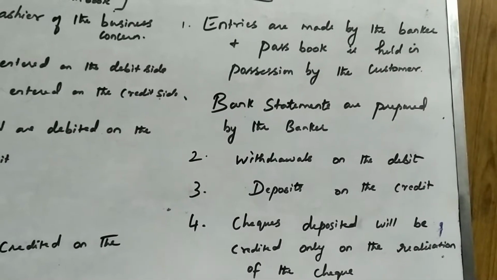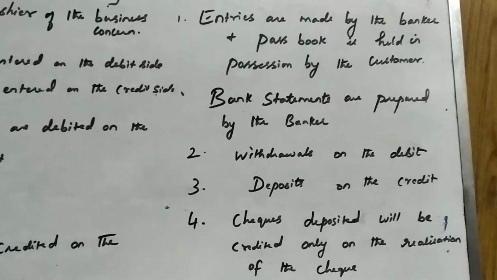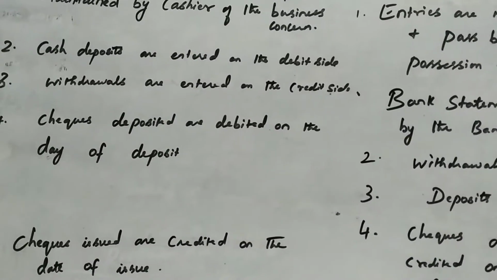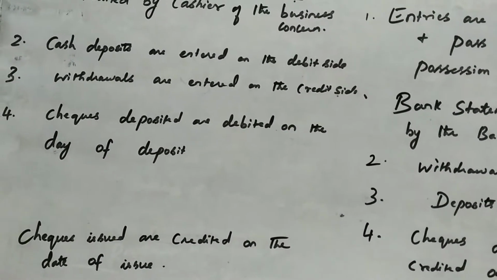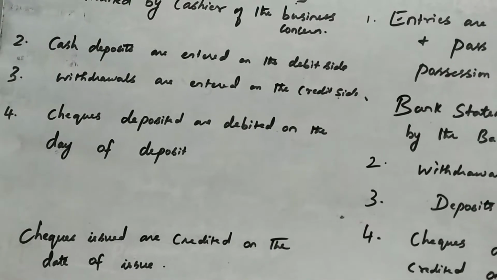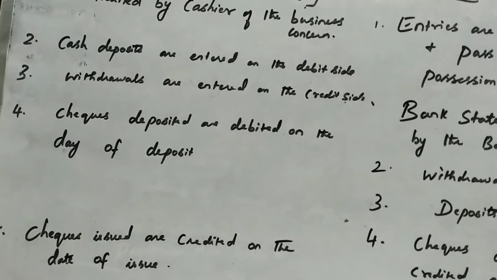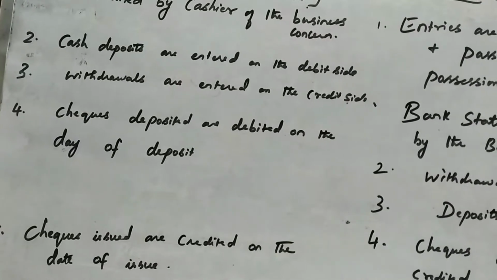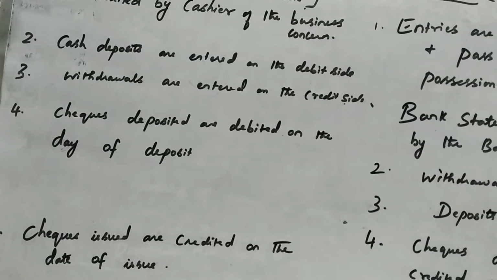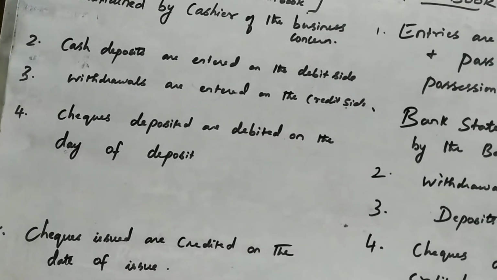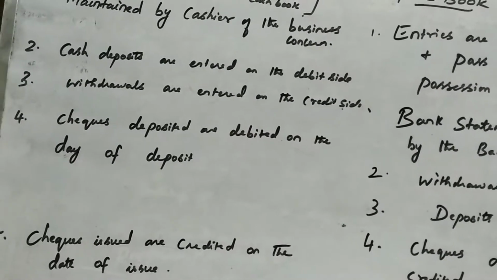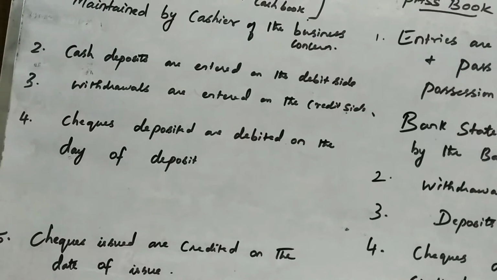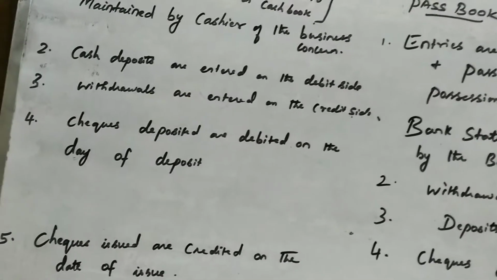Now, when cash is being deposited in the cash book, which means you are receiving cash, just think about this. You all know when you have cash and bank in the same transaction, you will have a contra entry.